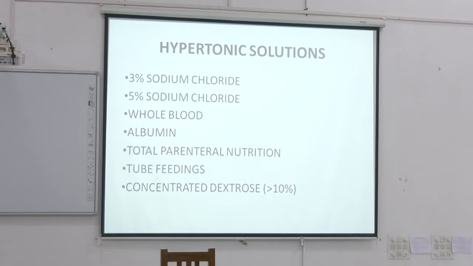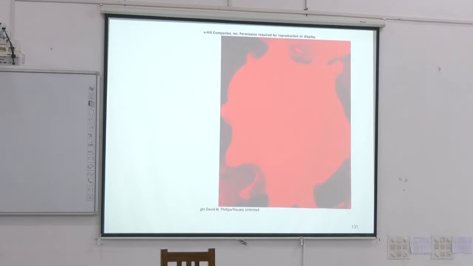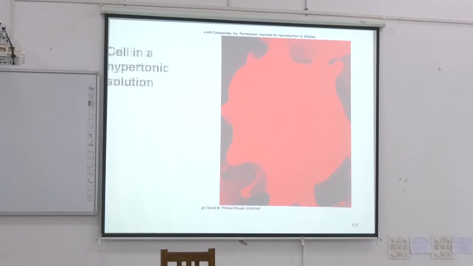Now hypertonic solutions are 3% sodium chloride, 5% sodium chloride, whole blood, albumin, dextrose concentration more than 10%, not less. So the cell ruptures in the condition of hypertonic solutions. So there are several properties. Endosmosis and exosmosis occur in different solution conditions. Okay.